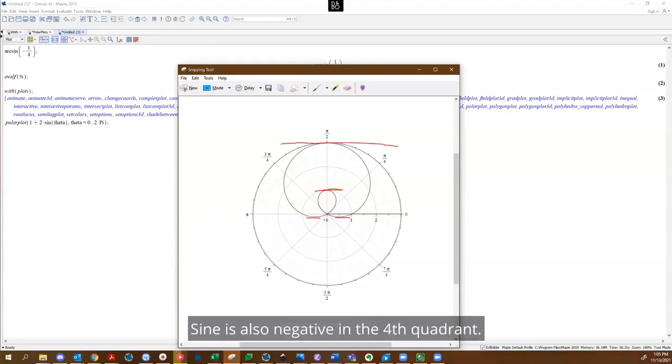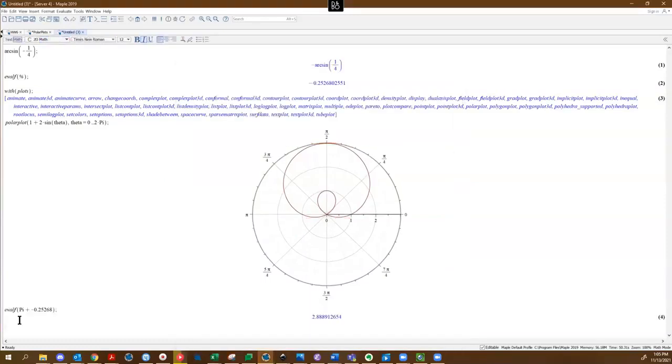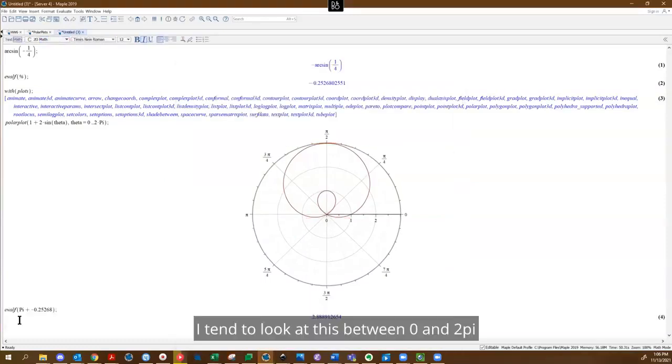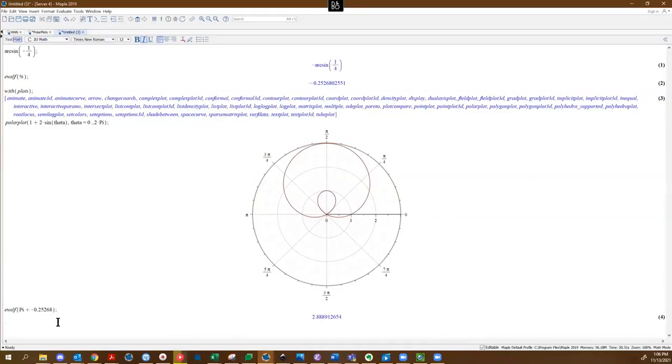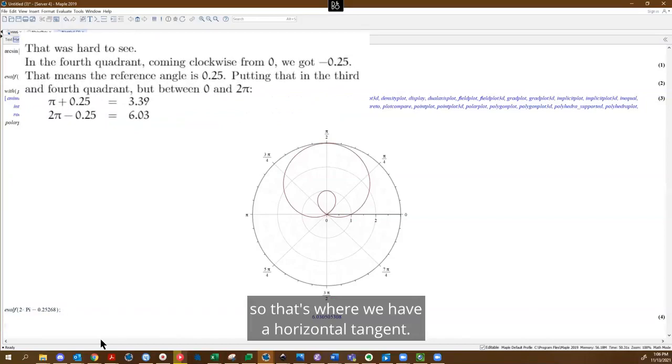Where would that be? Sine is also negative in the 4th quadrant, so we're also going to get it at pi plus those radians. I tend to look at this between 0 and 2 pi, so I'm going to say 2 times pi minus those radians. So that's where we have a horizontal tangent.